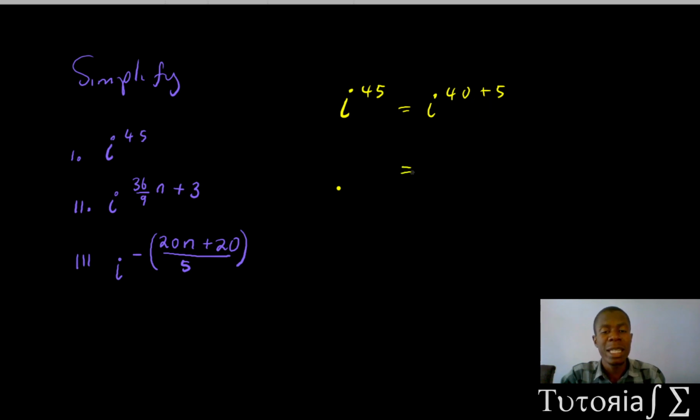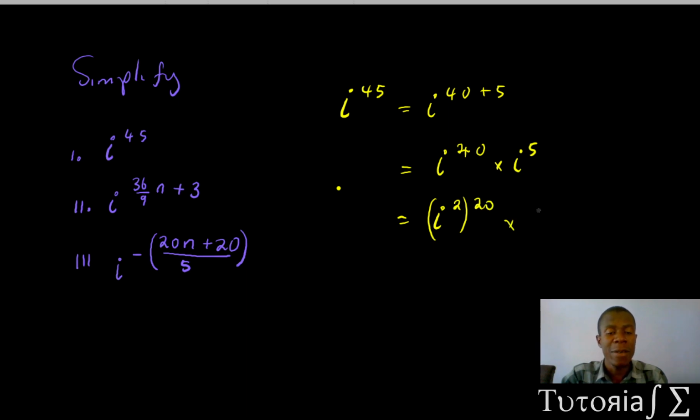So this can be written as i to the power 40 times i to the power 5. When powers are adding, it's as good as multiplying the bases. Now we work them out individually. i to the power 40 can be written as i to the power 2, all to the power 20, so this will give us 40.